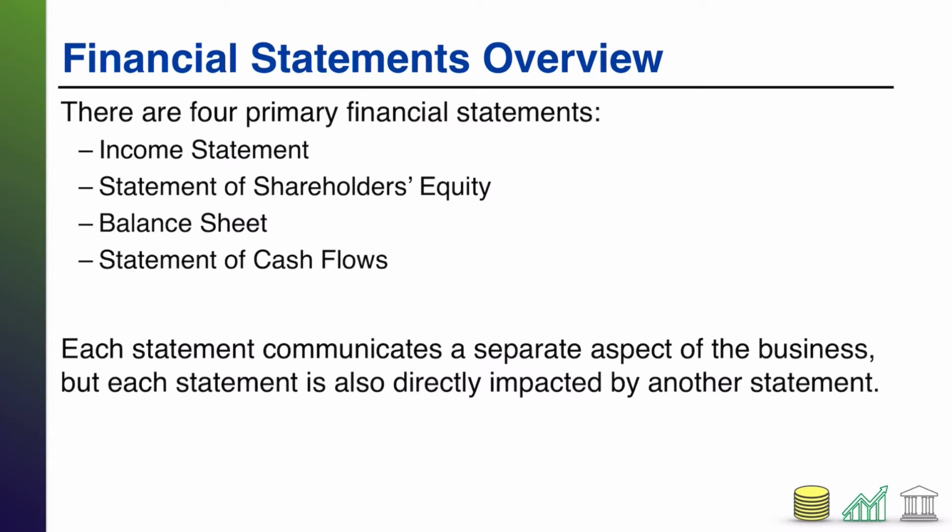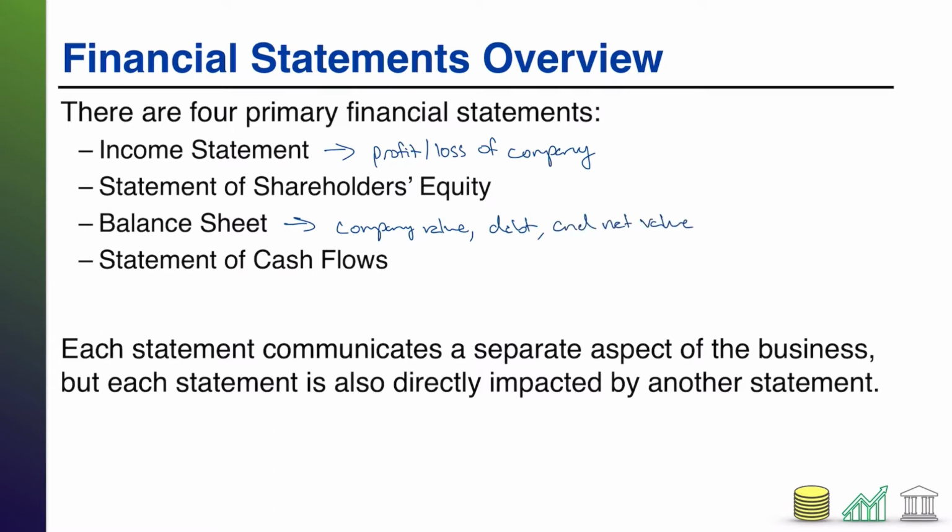Specifically, if we think about these statements in a nutshell, the income statement is going to tell us about the profit and loss of the company. The balance sheet is going to tell us about the company value, debt, and net value.